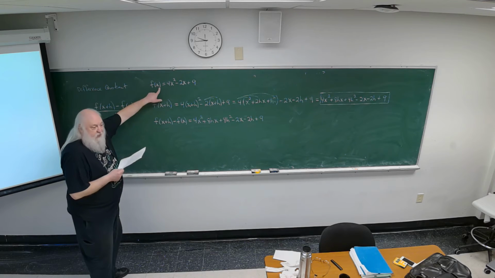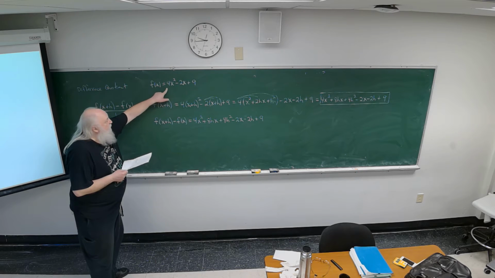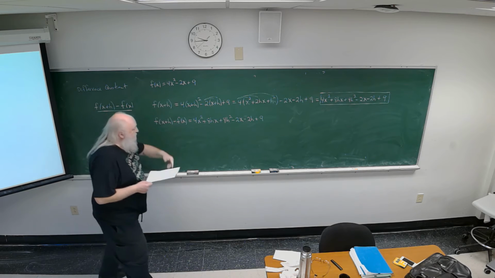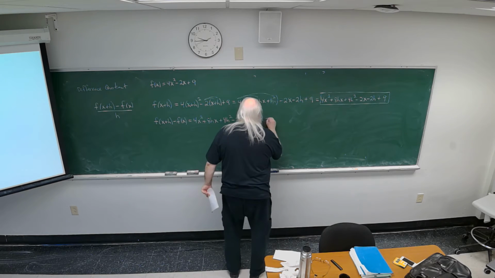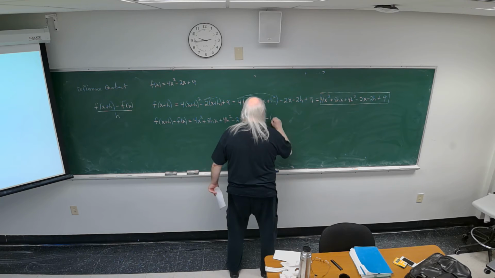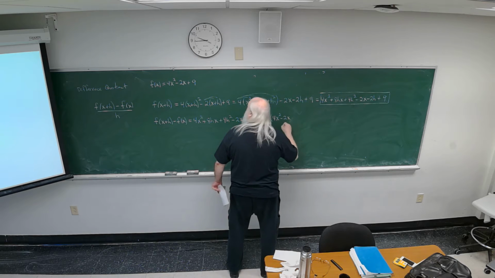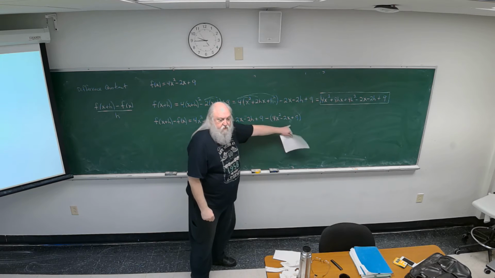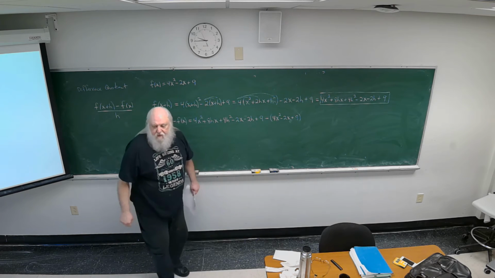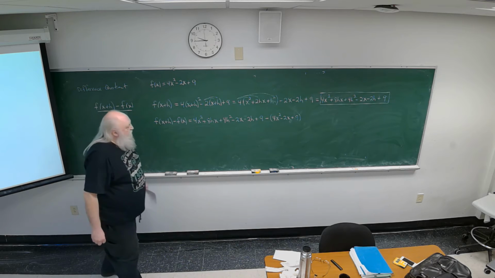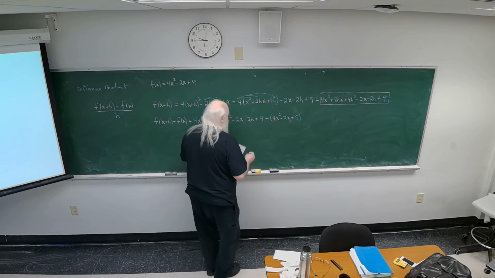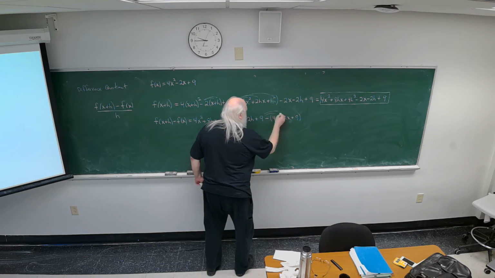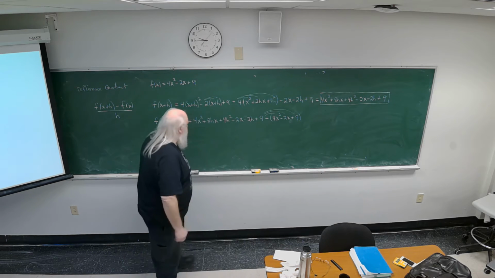From that, we subtract f of x. Now, I strongly recommend that when you subtract, you put f of x in parentheses, because you're subtracting every term in f of x. Students have a habit of not putting stuff in parentheses, and then they subtract the first term, but not the second and third. It messes up the entire problem. So now you distribute the minus sign inside the parentheses.